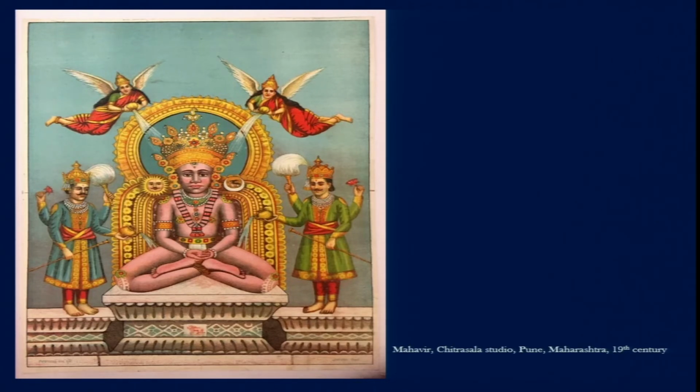But at the same time, we find that these images also have a regional specificity that marks them differently from those produced in the Calcutta Art Studio. And sometimes that happens because of what kind of city we are talking about.